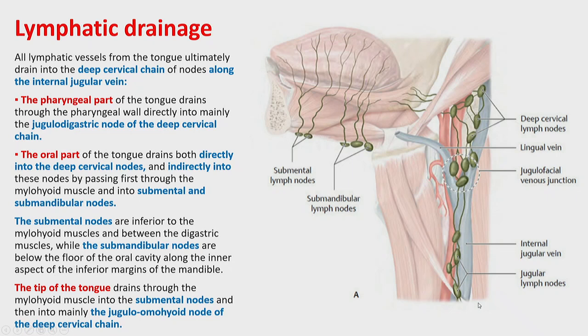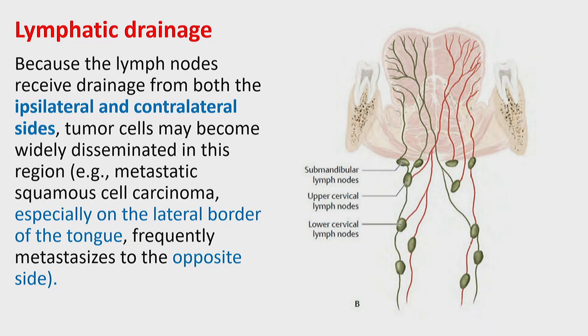They are extremely important. And another important thing about lymphatic drainage of the tongue, interesting, is that the lymphatic drainage from the right and left side of the tongue can go to the same side or it can cross.